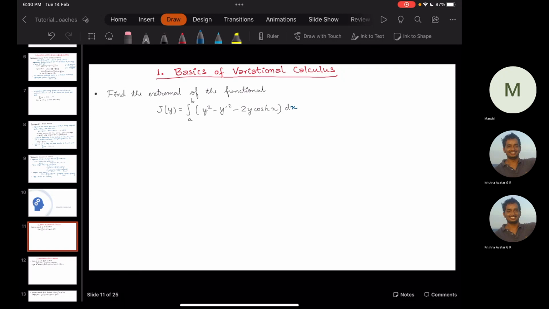So what would be our first step? We have this as the integrand of the functional. We'll just call it f of x, y, and y prime.